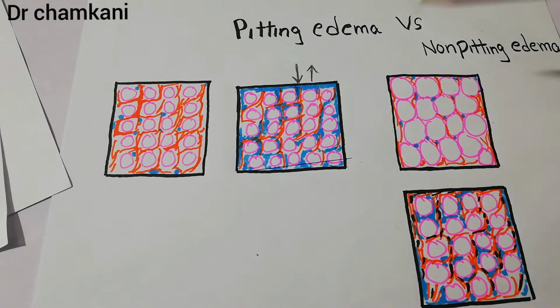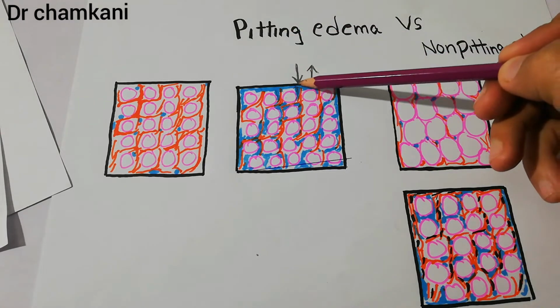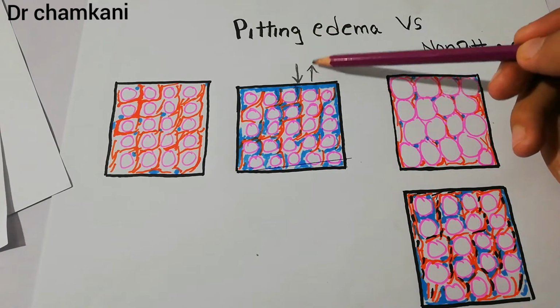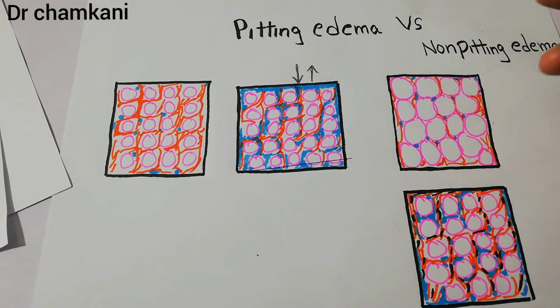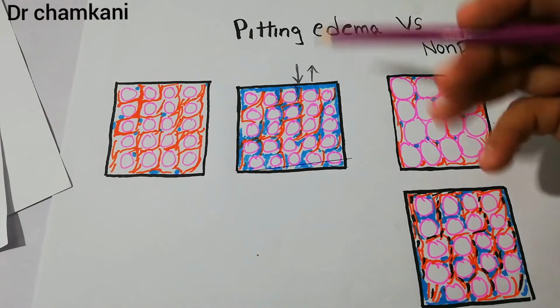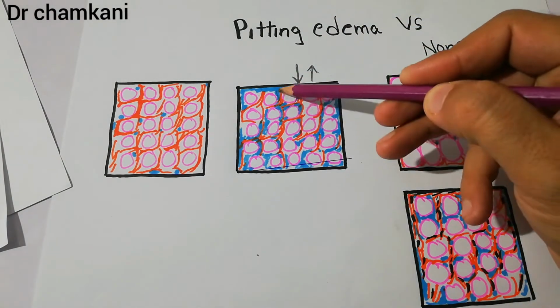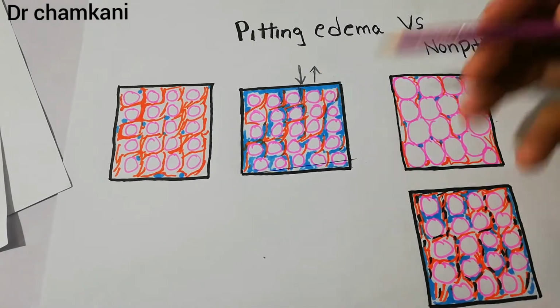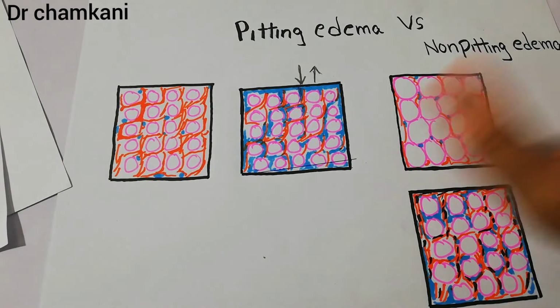So in this type of edema, when the tissue is pressed, there will be formation of a pit, but with release of pressure, the pit will be lost, and the tissue will regain its normal shape, because the fluid which had been pressed and moved to different parts will recollect and come again to that specific point due to the free movement of fluid in pitting edema.